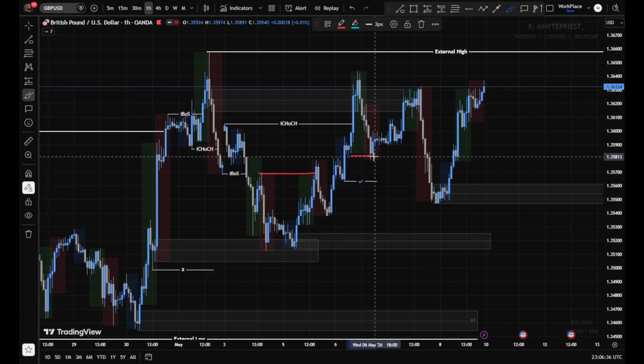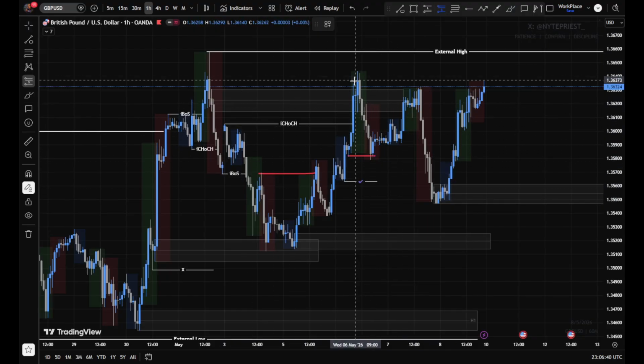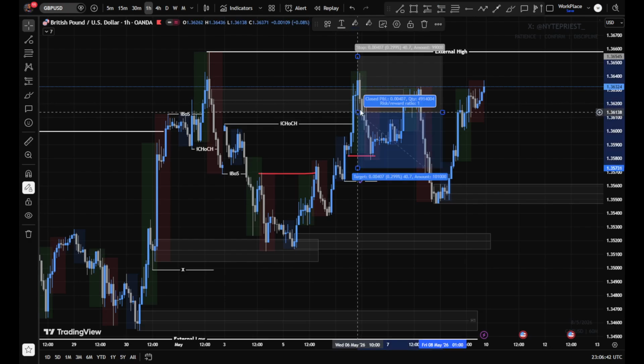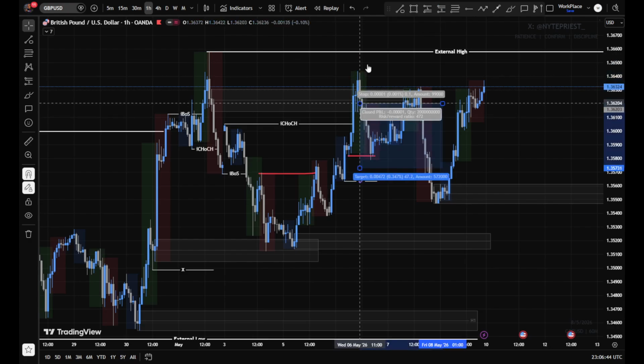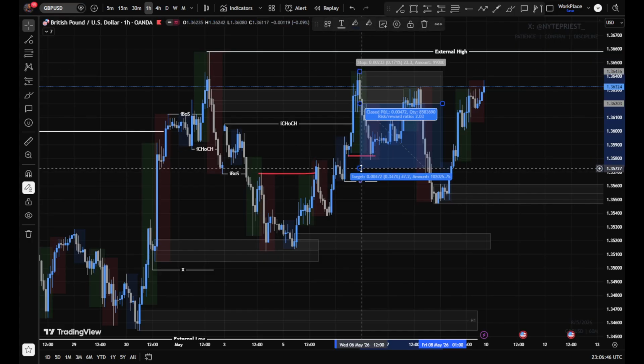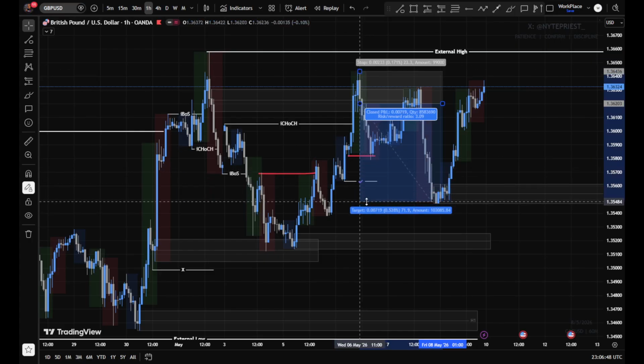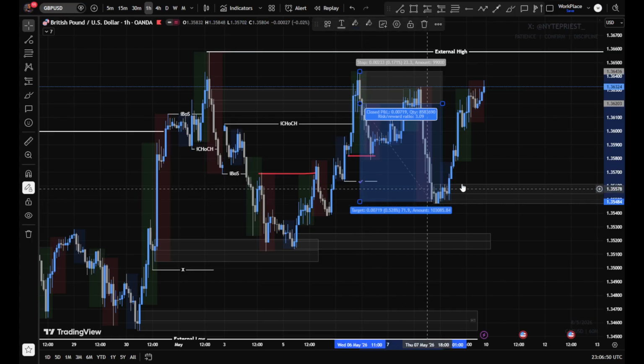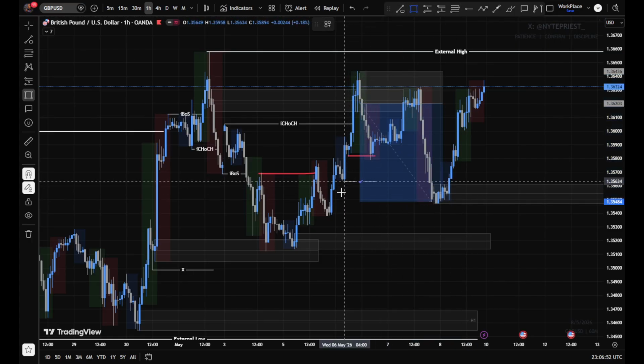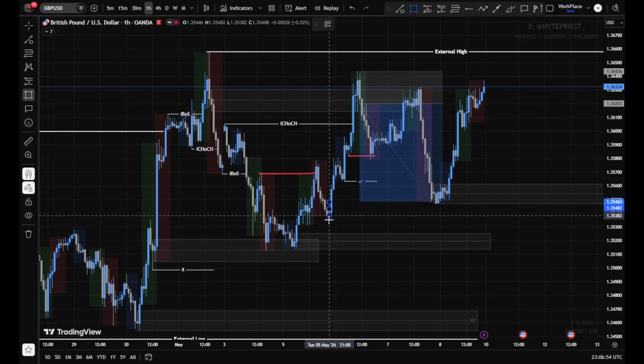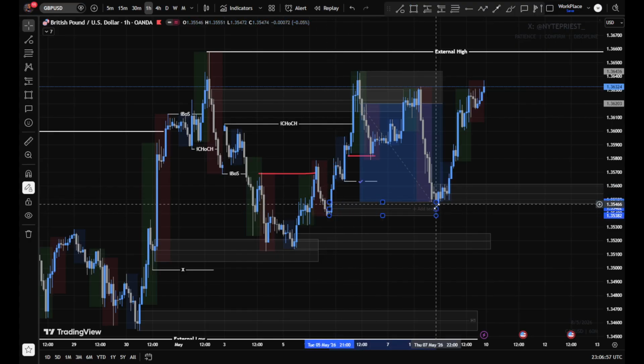Okay. So that break of structure to the downside internally, this was the zone that caused the break of structure to the downside. So my point of interest, my take profit was on this supply zone. Okay, because this was a counter trade.